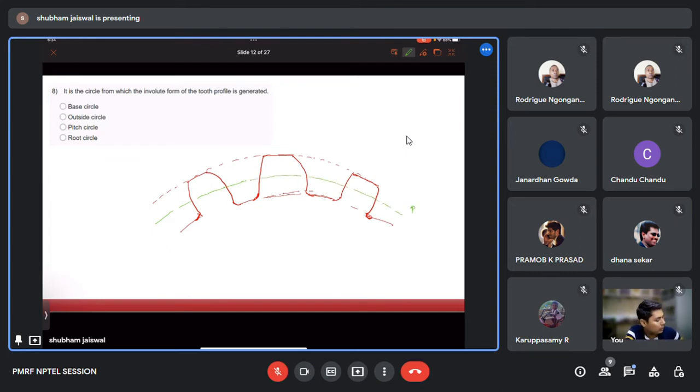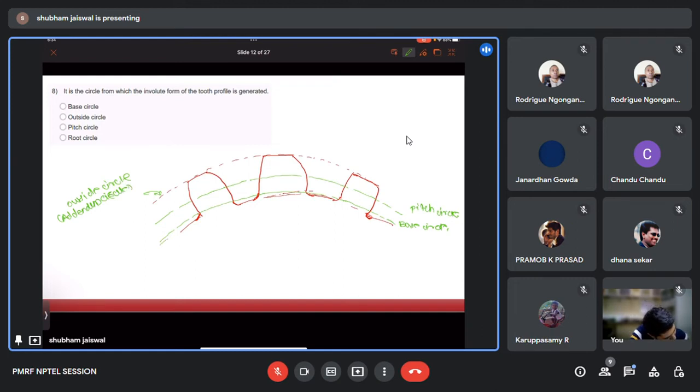This is our pitch circle. This is our base circle. This one is the outside circle, or we also call it the addendum circle.